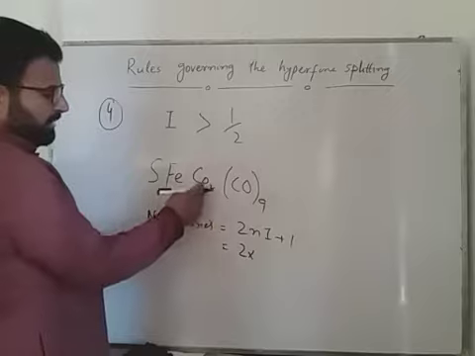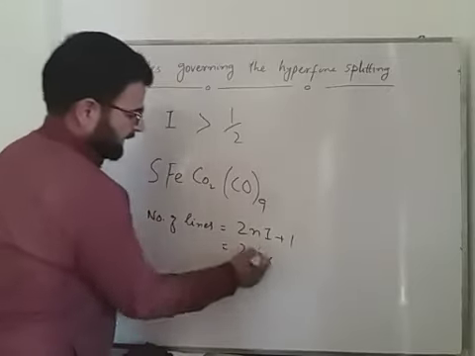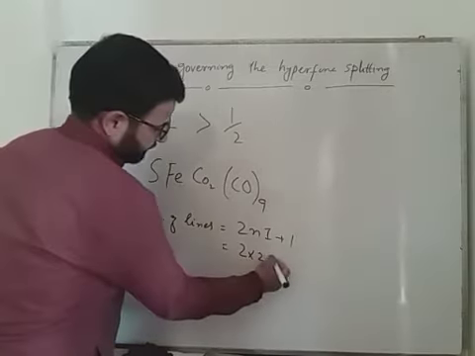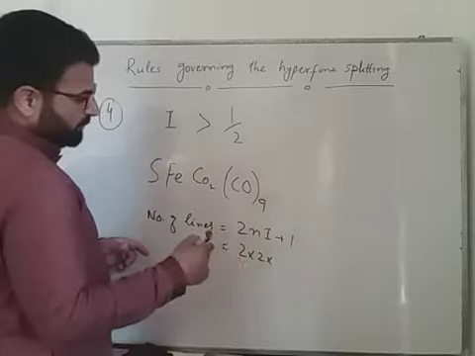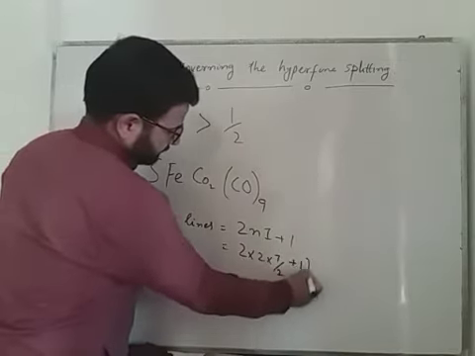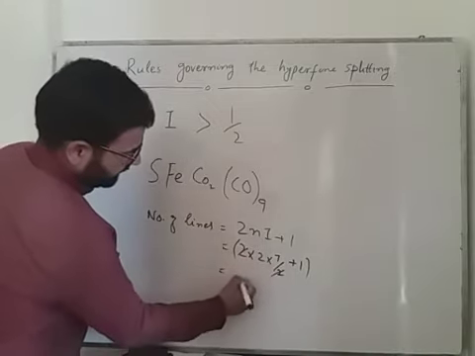For n we have, since we have 2 cobalt, so we will write 2 multiplied by I, the spin of cobalt nucleus, which is equal to 7 by 2, plus 1. Okay, so the total number of lines will be 15.